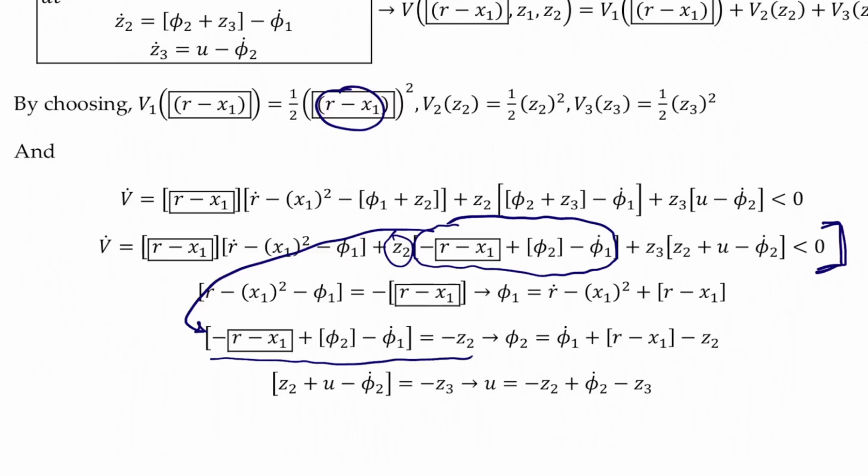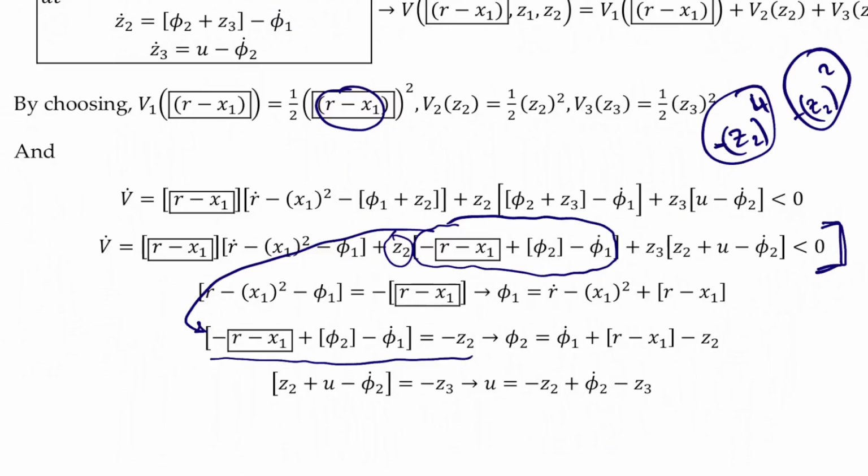You could also choose minus z2 cubed. Then these two expressions will result in minus z2 to the 4, instead of minus z2 squared. They both are negative definite, so there is no problem with that.